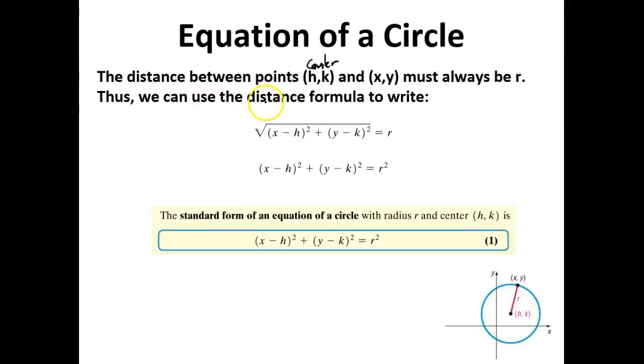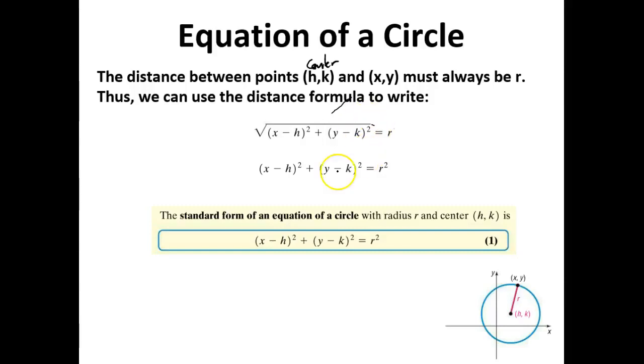From the distance formula, when we want to find the distance between 2 points, we take the x coordinates minus each other and square them, and then the y coordinates minus each other and square them, and then the square root gives us the radius.